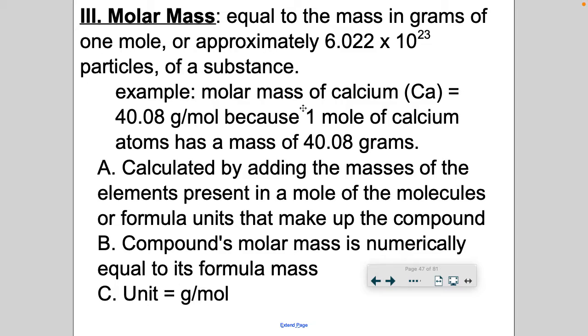The only thing that's different is the unit. That's it. So if it says, what's the molar mass, your unit is grams per mole, instead of AMU. So it's the same exact answer. The compound's molar mass is numerically equal to its formula mass, just a different unit.